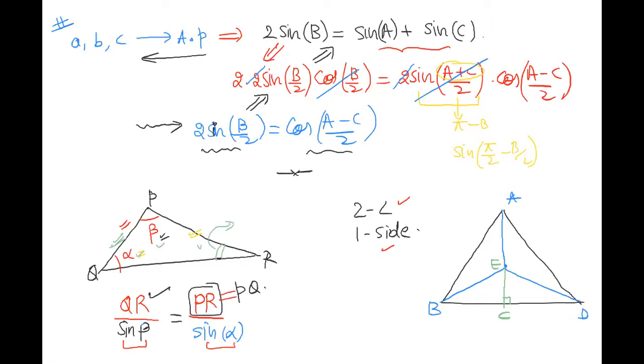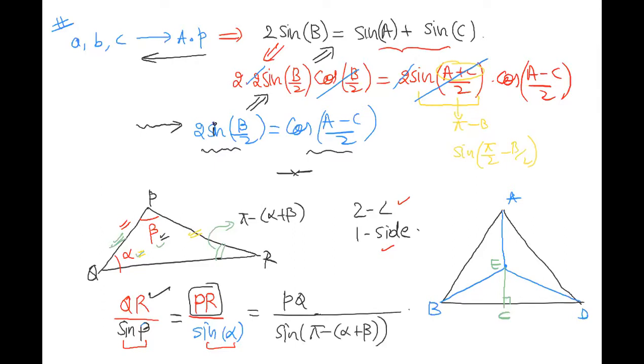This angle is suppose gamma, and the sum should be pi. So I will write this angle as pi minus (alpha plus beta). So PQ divided by this, I will write as sine of (pi minus (alpha plus beta)). Clear?